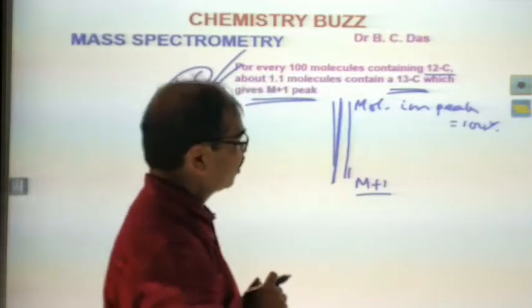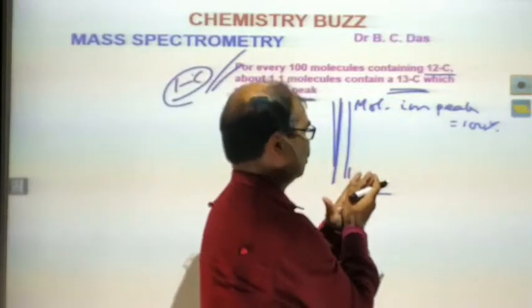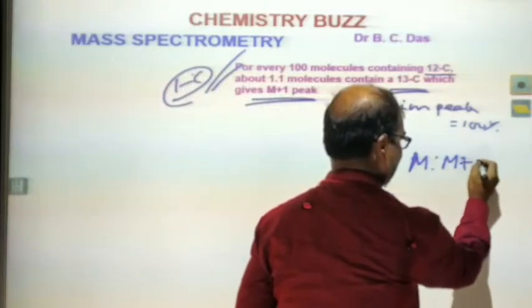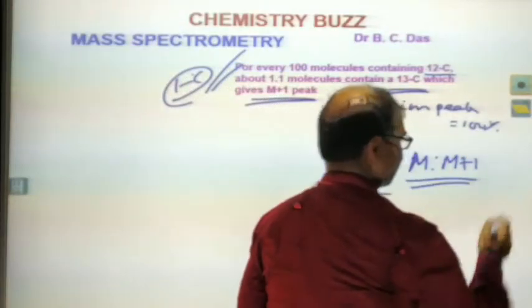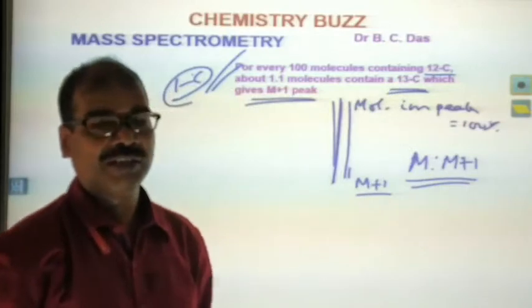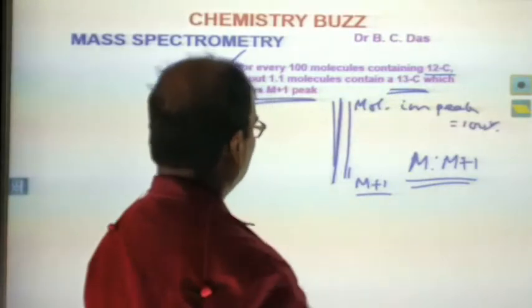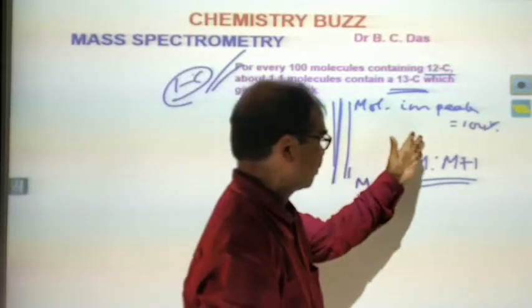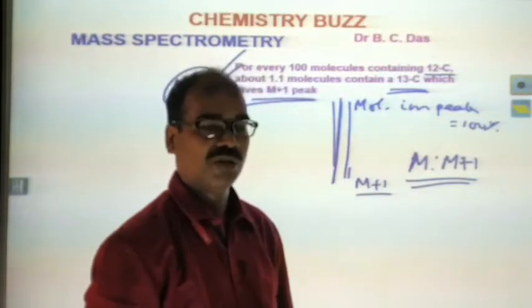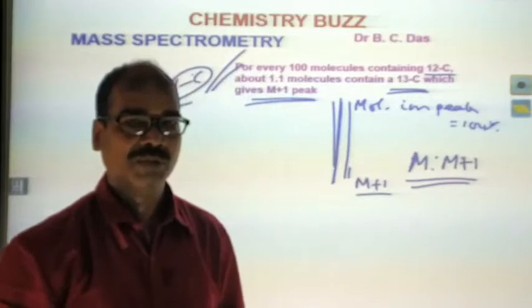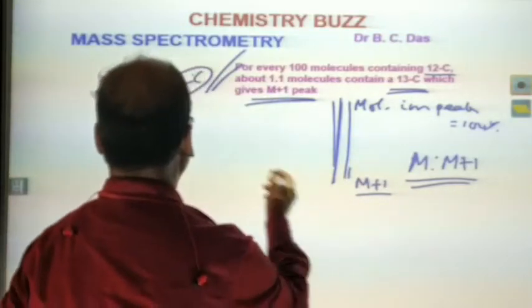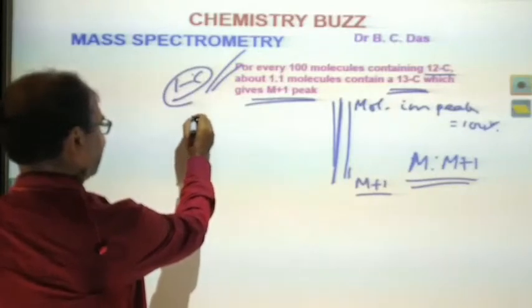From this ratio, the M to M+1 ratio, we will find the molecular formula. So molecular formula determination by finding the peak intensity ratio is more important. Let us take an example.